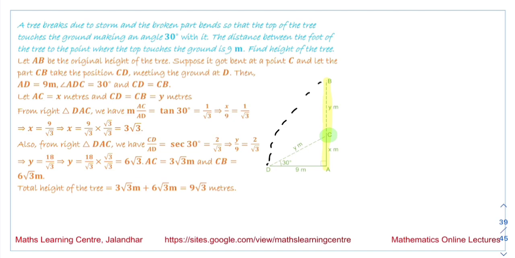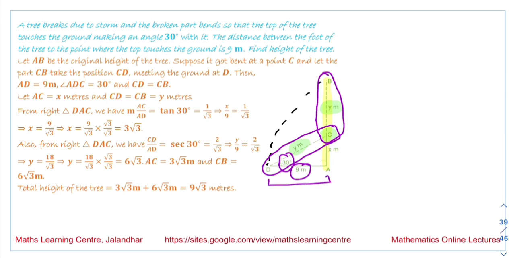It means we are saying if this length is y, then this length over here is y. This BC part is broken and it reaches over here, and the angle it is making with the ground is 30 degree. The distance between the foot of the tree and the point where the top touches the ground is 9 meter. This AD distance is 9 meter. We have to find the height of the tree.